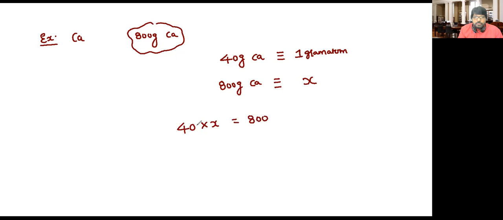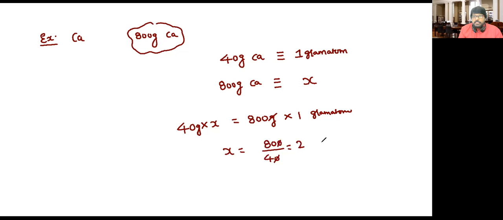Of course, this is 40 grams. This is 800 grams into 1 gram atom. Don't worry, 1 gram atom. So this gram gets cancelled, and X is equal to 800 by 40. So this is equal to 20 gram atoms.